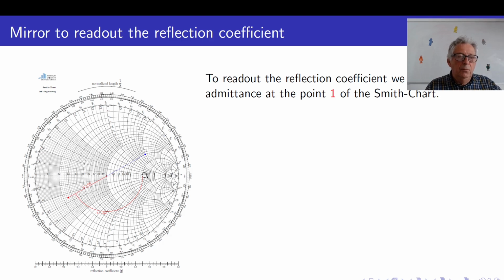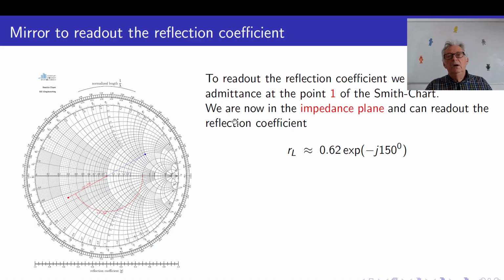The length can be evaluated using a compass, for example. So then we get this point here, the red point, and now we are again in the impedance plane and can read out the reflection coefficient.